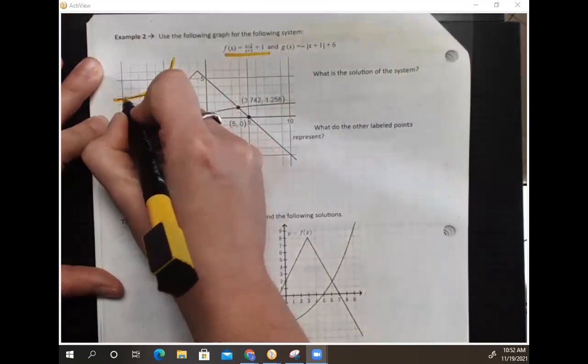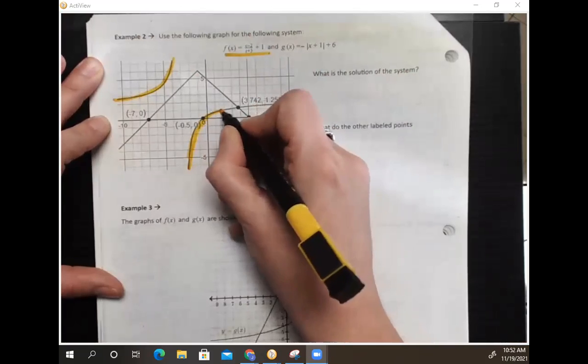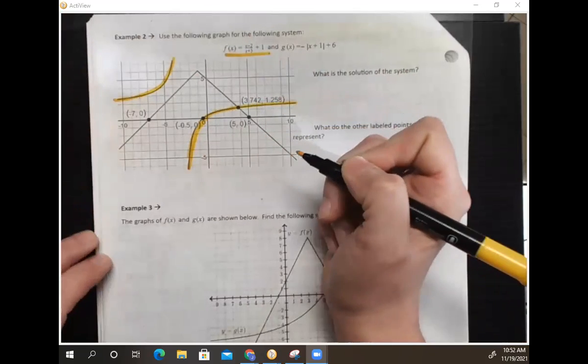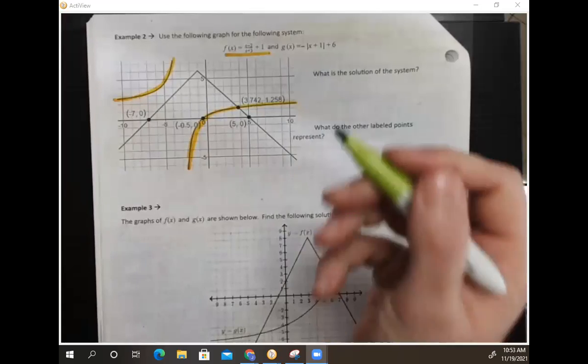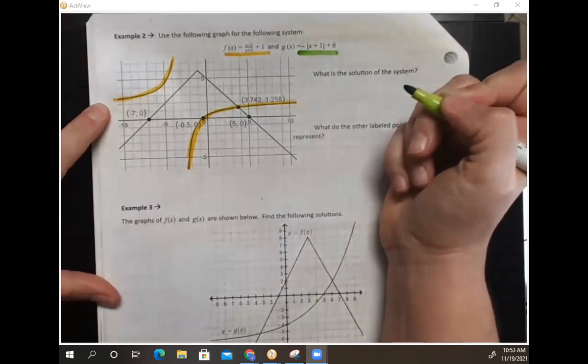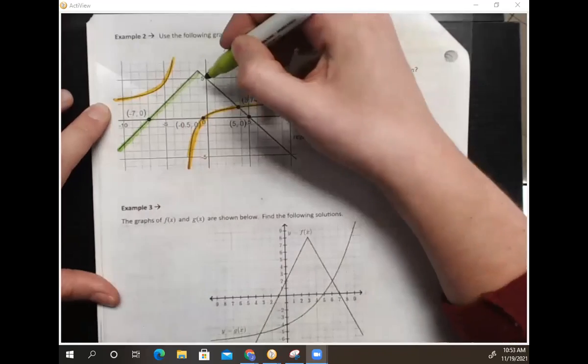So that's this piece and this piece. Rational functions sometimes are split up into pieces. Not important that you know anything other than those two chunks are that f of x function. And then g of x is an absolute value function. So that's our v-shaped function here, our v-shaped graph.